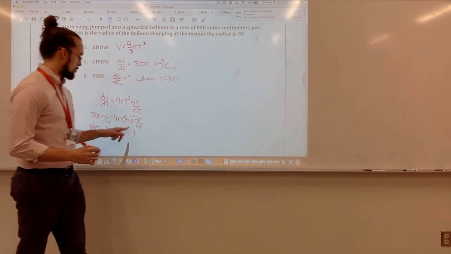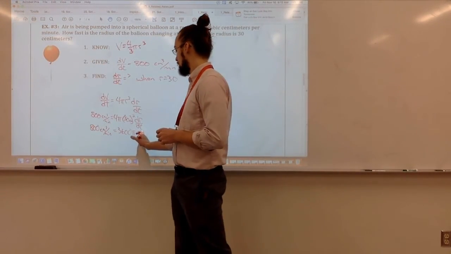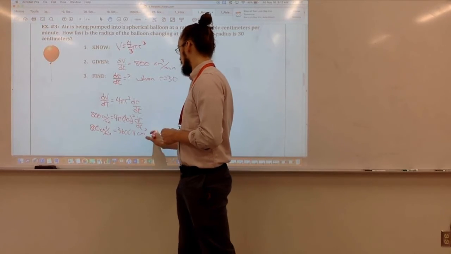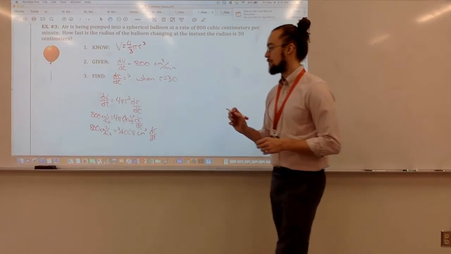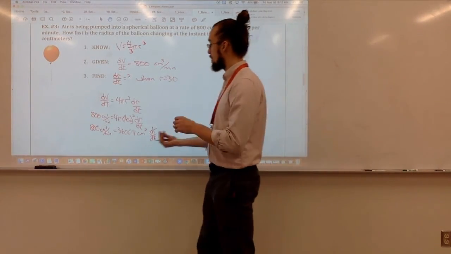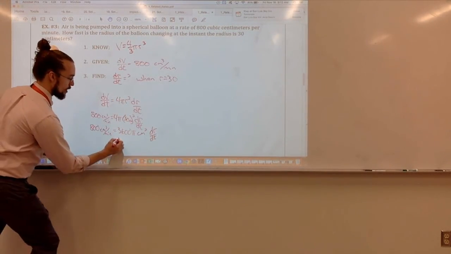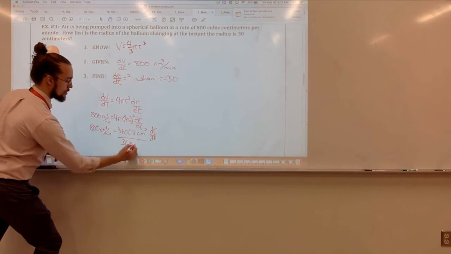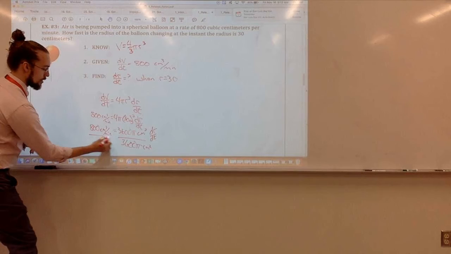What would my units be then? Centimeters squared, times dr/dt. Now we divide both sides by 3,600 pi centimeters squared.